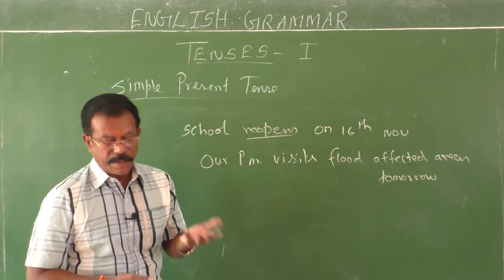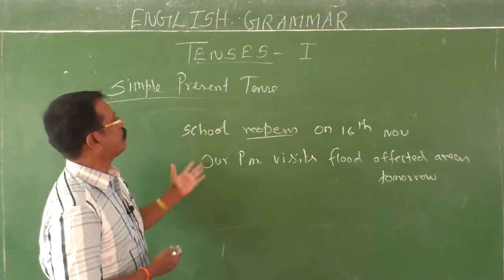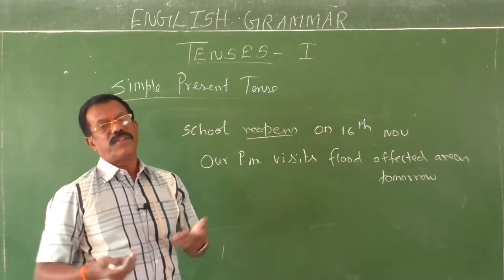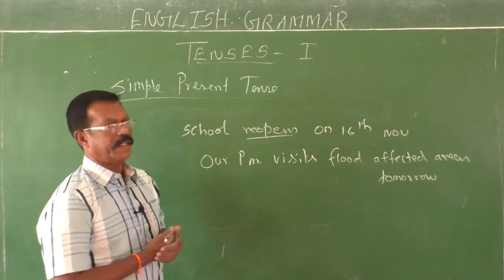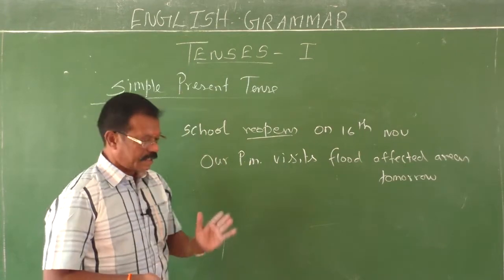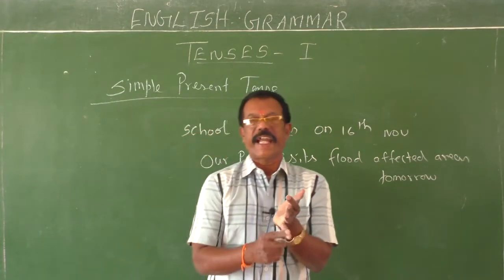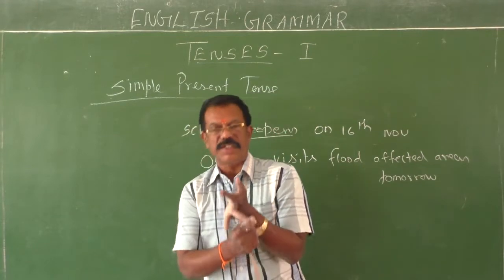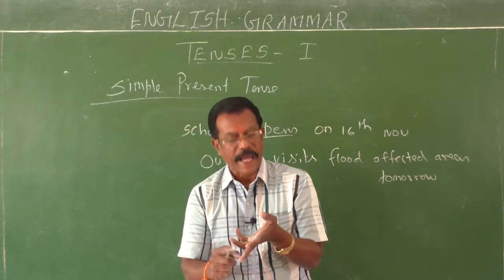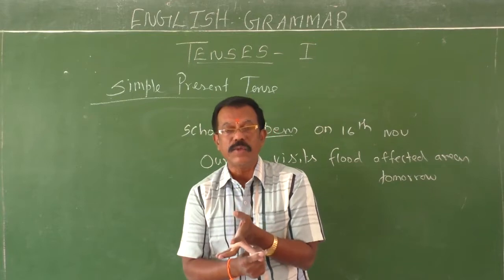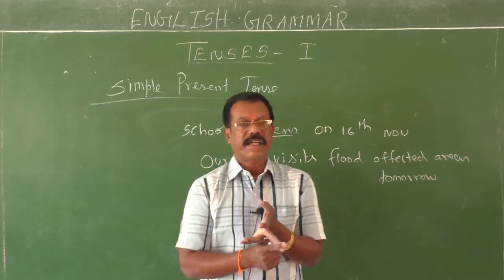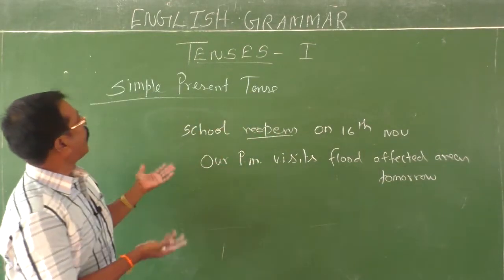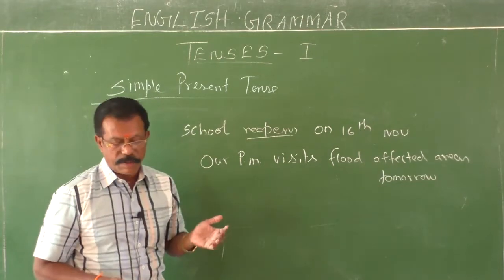So when you want to say pre-planned actions, there you can use simple present to refer to future actions, but it will happen surely. Okay. So in all these examples, to refer to scientific truth, general truth, habitual actions, we can use simple present tense. And to refer to pre-planned actions, we can also use simple present tense.